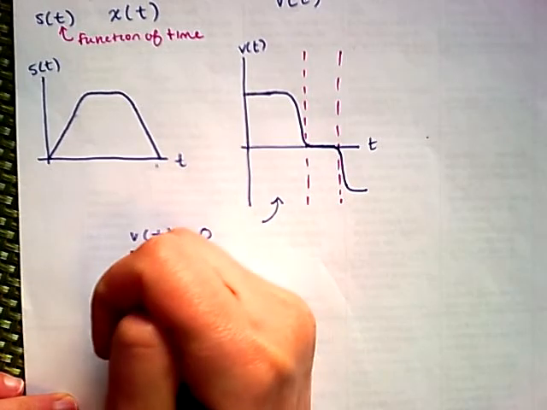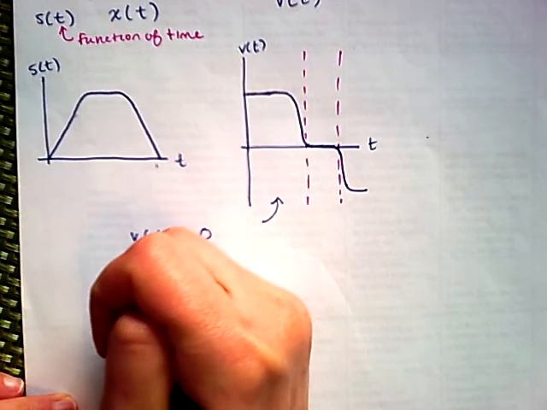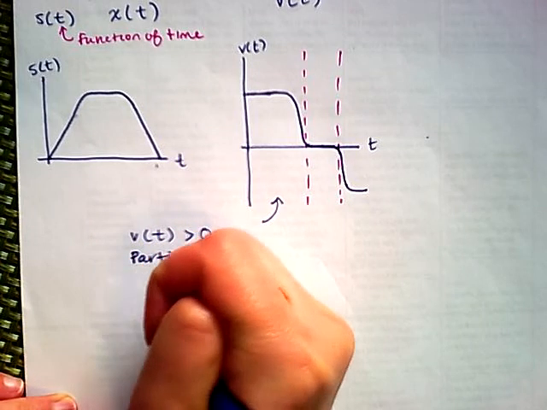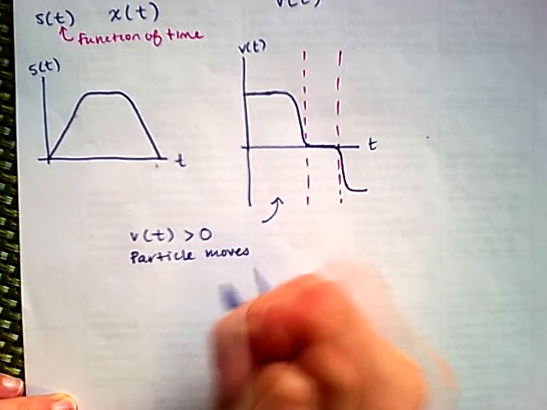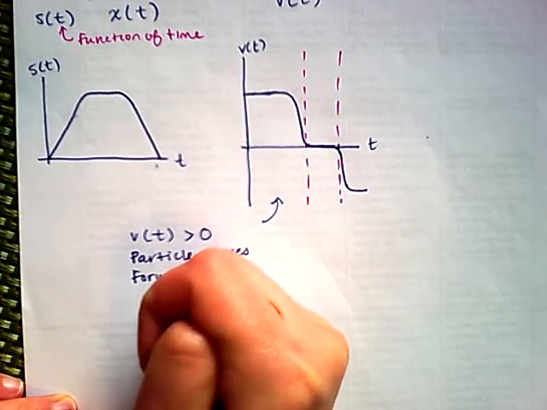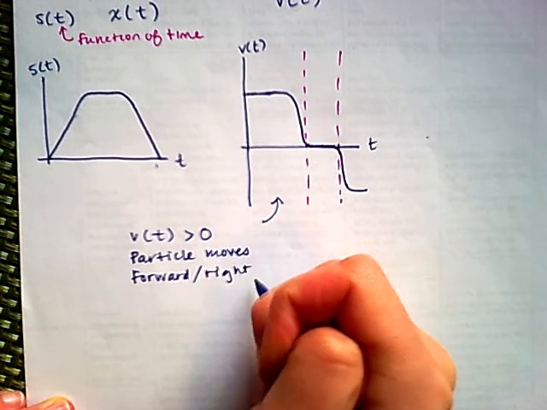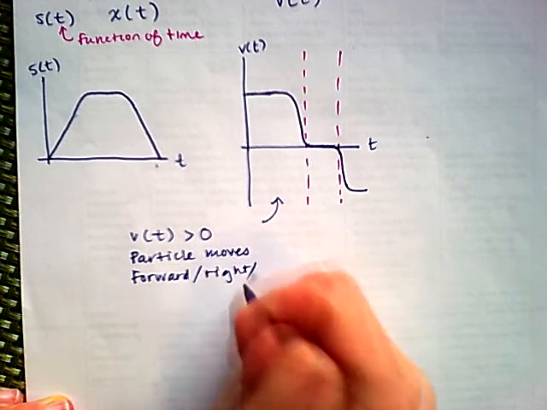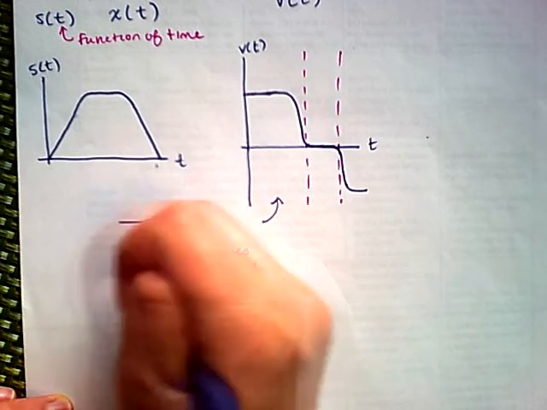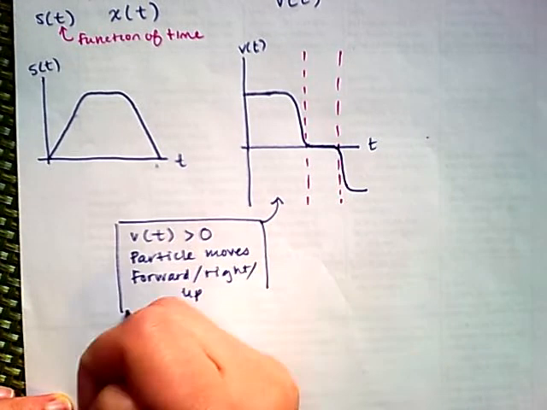So this is telling us the direction of the particle. Say the particle moves forward or to the right if it's on a number line, or we could also think about it as going up. And that's for that first section.